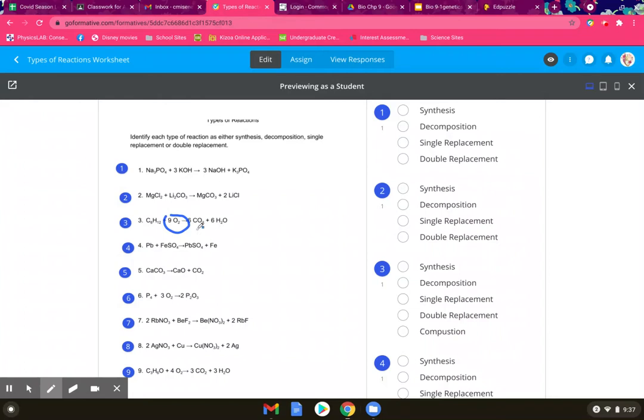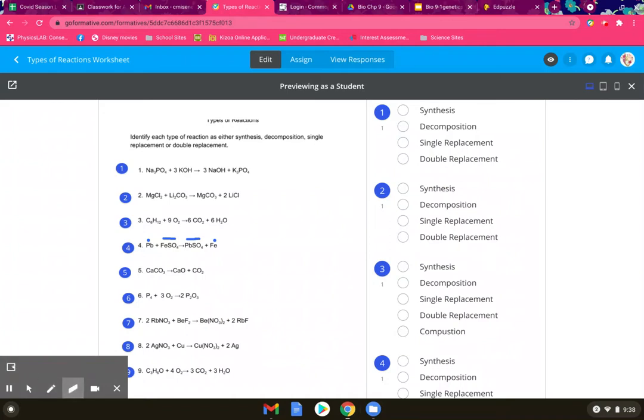If I look at my products and I see carbon dioxide and water, that automatically tells me it's combustion, so I don't have to worry about anything else. If I look at, let's say, number 4, I've got an element by itself and a compound. So then over here, I've got another element and a compound. That's going to tell me it's a single replacement.